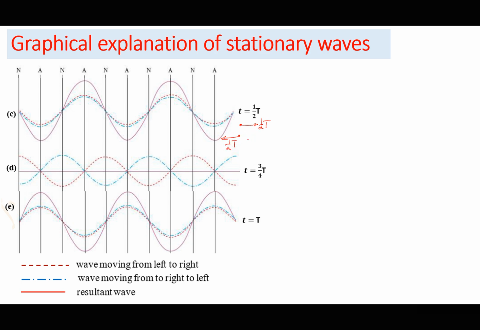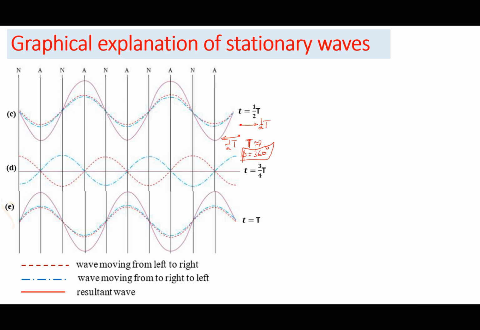So the two particles, therefore, after half a cycle, are going to be a total of a full cycle apart. A full cycle apart is equivalent to one wavelength. So that means the phase difference here is going to be 360 degrees, and 360 degrees is going to be called constructive interference.